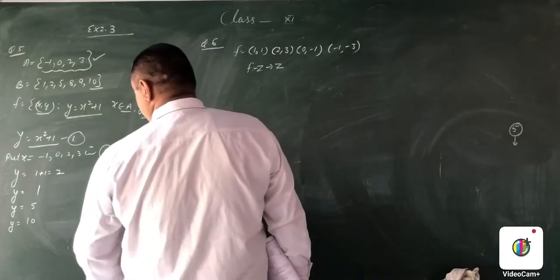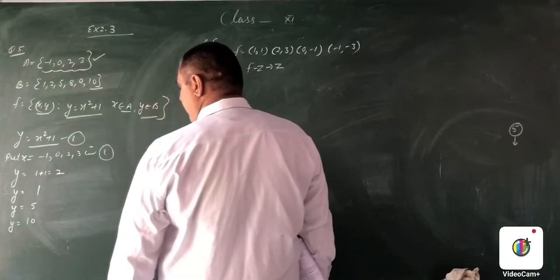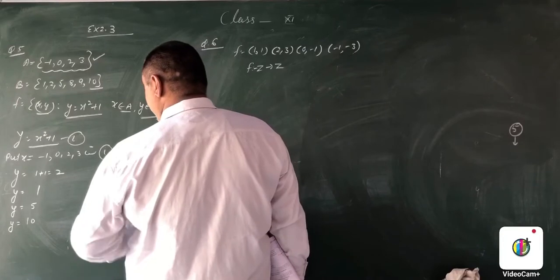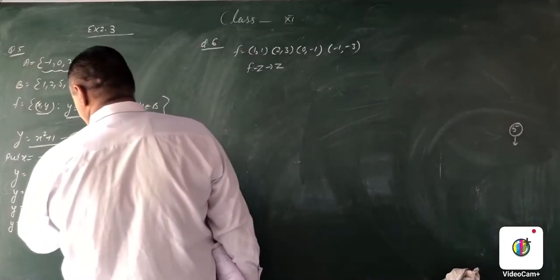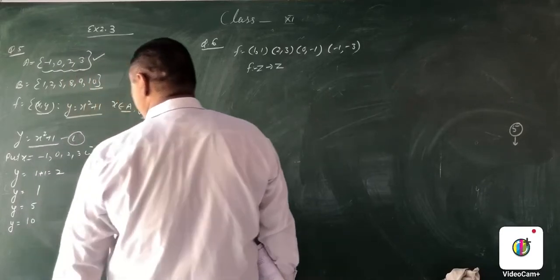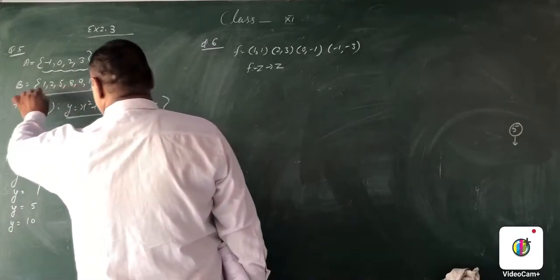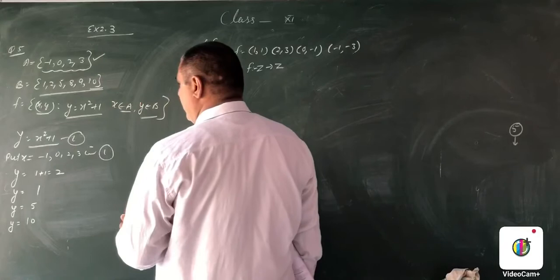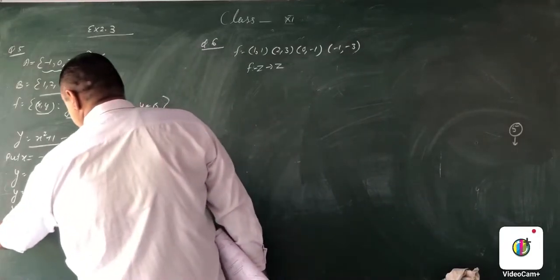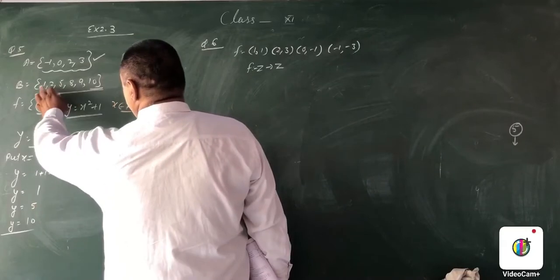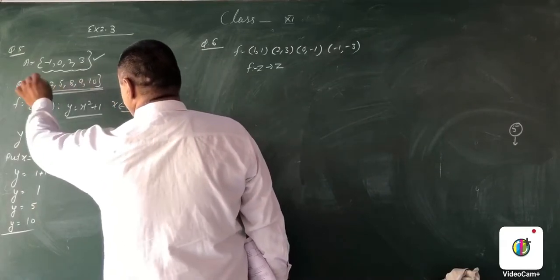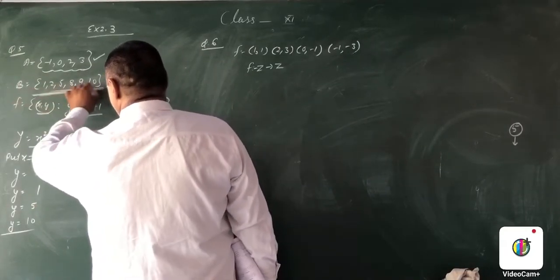Now we write the set of ordered pairs for all elements. Firstly we check whether the values we obtained, 2, 1, 5 and 10, belong to B. Yes. If any value does not belong to B, then we leave that value. So now 2, 1, 5, 10 belong to B. This means all values belong to y.